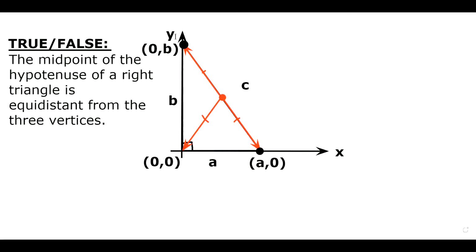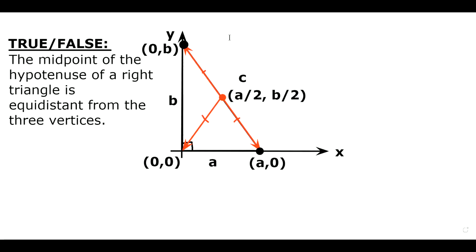Last but not least, the most important point, I think, for the whole problem is what we have here alongside C, which is that midpoint. Now, we know that a midpoint along a line should be halfway towards A and halfway towards this height B. That's how we find the midpoint. And so the coordinate of this midpoint should be half of A along X and then half of B along Y. And that would be our coordinate there.